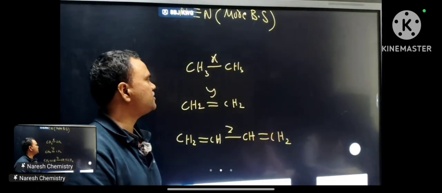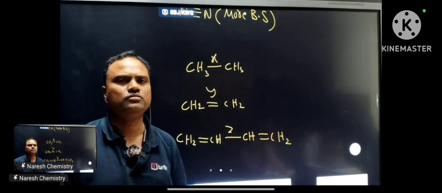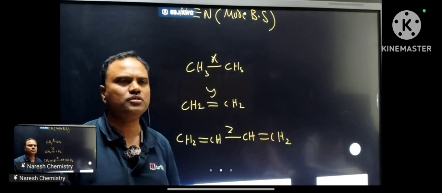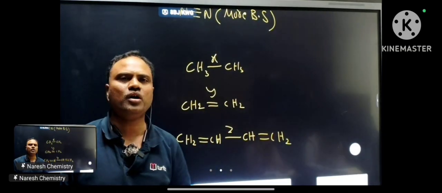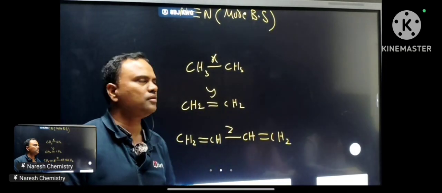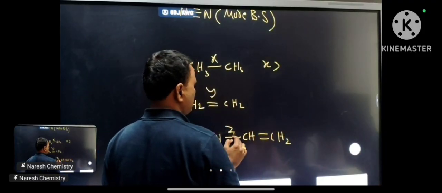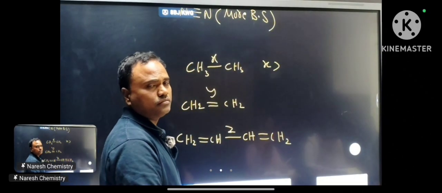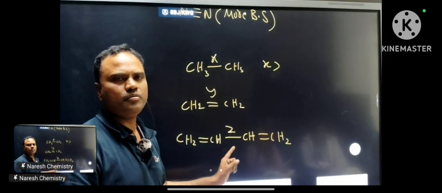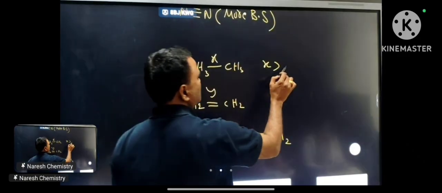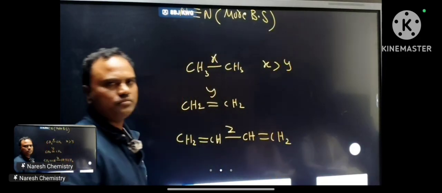What is the relation between X, Y, Z? Carbon-carbon single bond length is more. You know already bond multiplicity: if bond multiplicity is more, bond length is less. X is greater than Y, this is a single bond and that is a double bond. X greater than Y, no doubt.